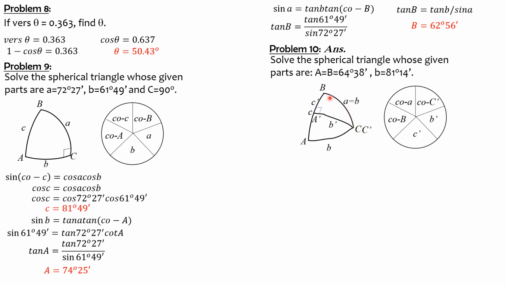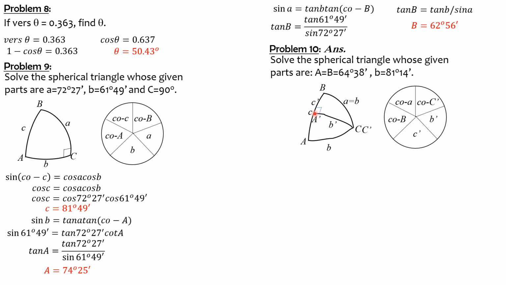So let's focus on this right spherical triangle. In this case, the 90-degree angle is A prime, and therefore beginning with side C prime in counterclockwise direction, the next element would be B prime.